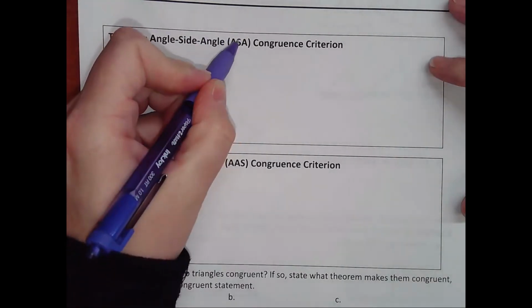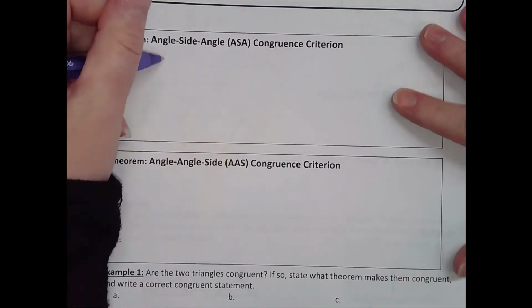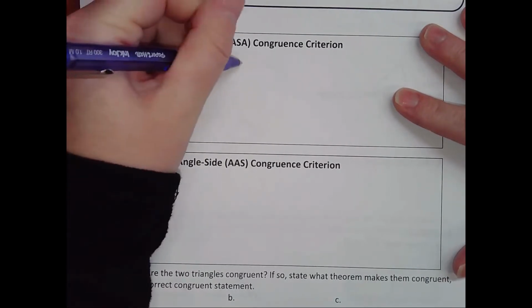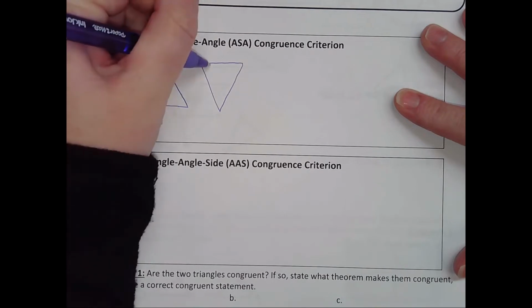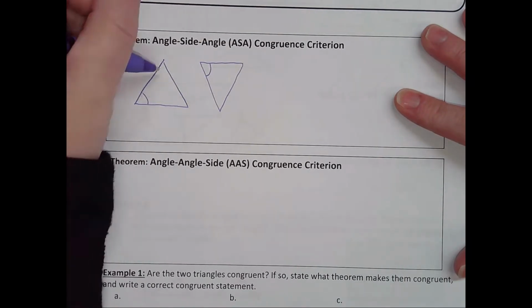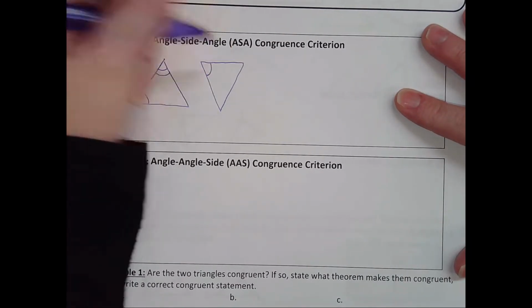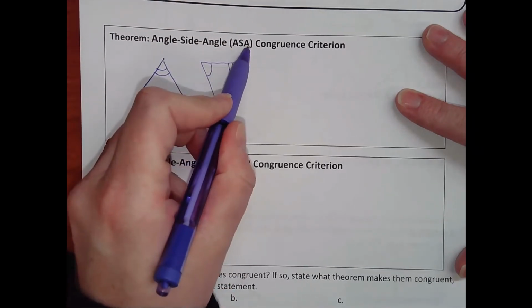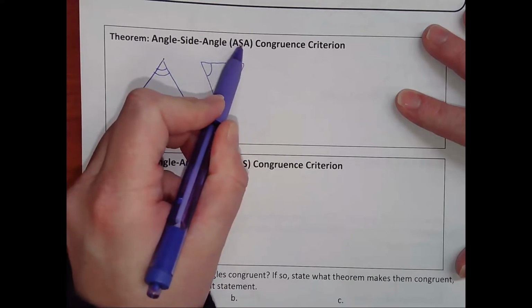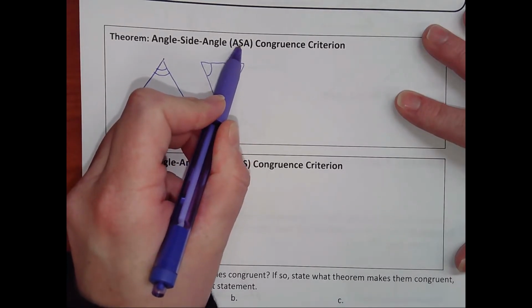So angle, side, angle means that you have 2 angles marked. So I'm going to draw those nice little triangles again. That means like this angle and this angle have 1 marking, this angle and we'll say this angle have 2 markings. Angle, side, angle means that you have 2 angles and then the side that is attached to those 2 angles.